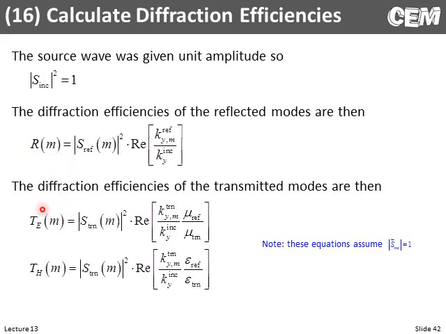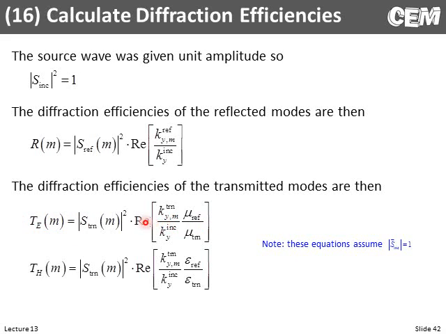Likewise, we have to calculate the diffraction efficiencies for all the transmitted modes. So here is our 1D array, ky trn with subscript m. These other three parameters are just scalar numbers. So this entire thing will be a 1D array. And then we multiply it by a 1D array. Those are the amplitudes of the spatial harmonics. And we get the diffraction efficiencies of the transmitted modes.